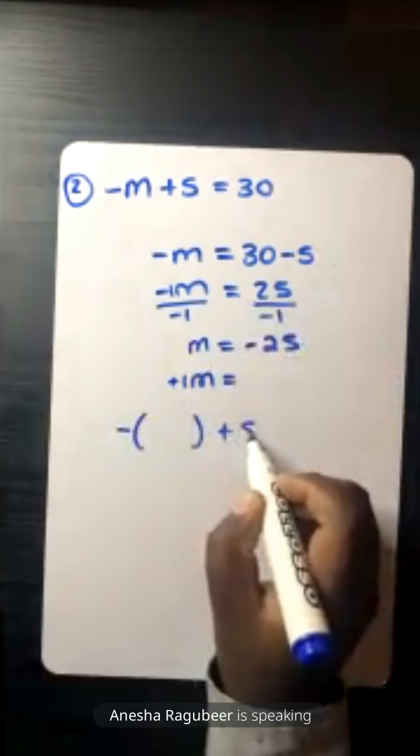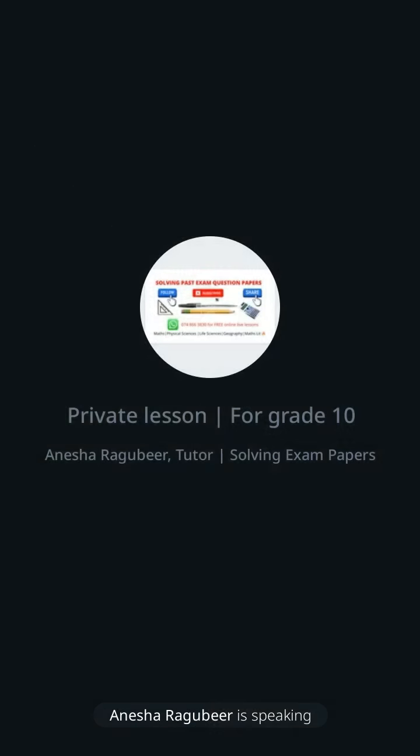Plus 5 must give us 30. In brackets, what am I writing for us? So you'll be writing +25.